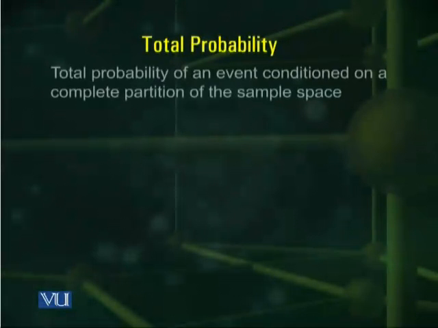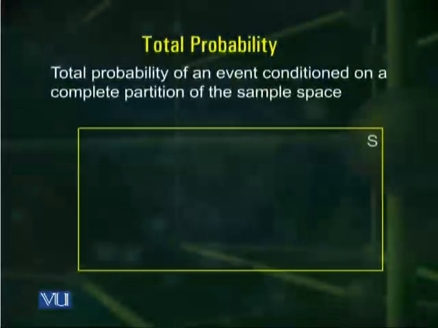This is sometimes also called the partitioning problem, where you have an event and you condition it on a collection of events, and that collection of events forms a partition of the sample space. What do you mean by partition? That is, this collection has members which are disjoint. No two members have any common area, and when you take the union of all those members, you get the sample space.